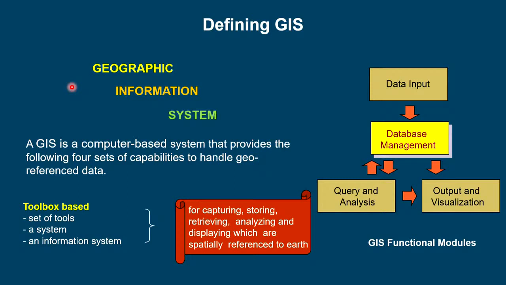Spatial information or positional information is also linked with the data set, and that data set you can handle in the computer systems. Both types of data, for example the attribute data of any type of feature as well as the spatial data of that feature, spatial as well as non-spatial data sets, you can analyze in GIS systems.